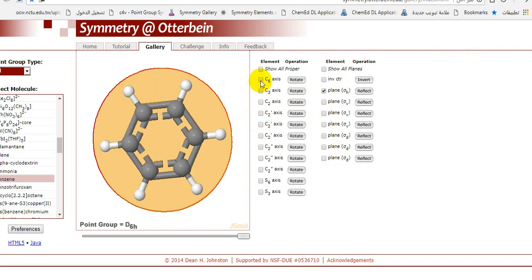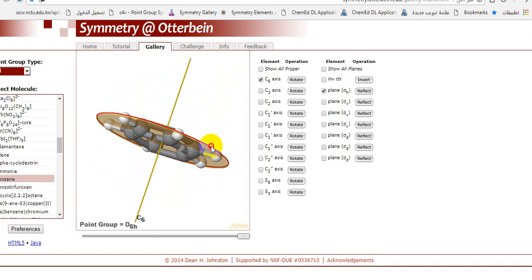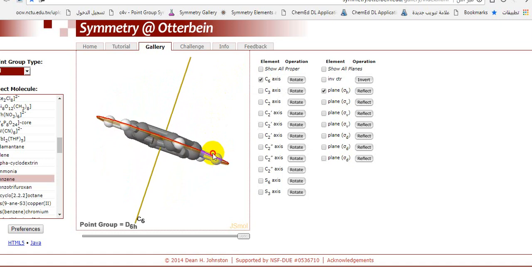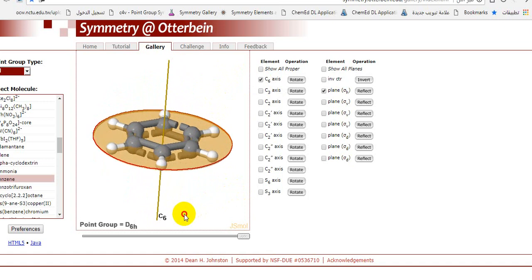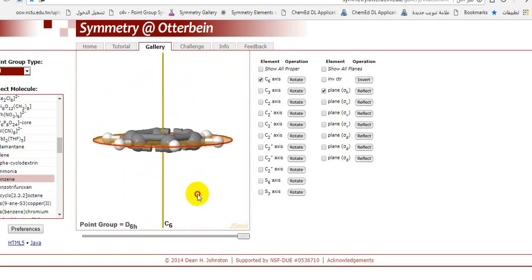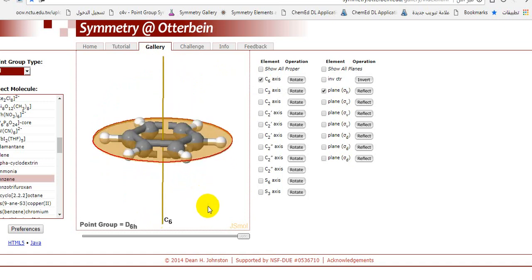It is C6. C6 is perpendicular to sigma, because this is called sigma h. Is it clear? Okay. Sigma h is perpendicular to the principal axis.